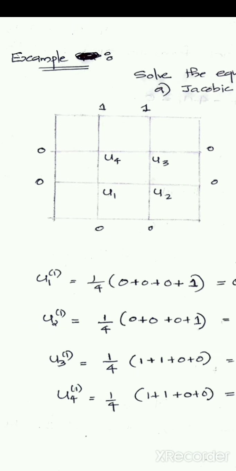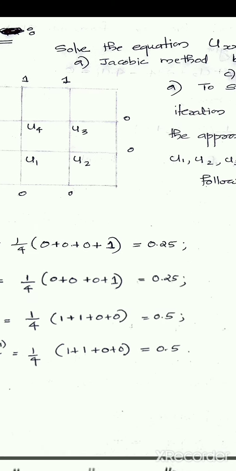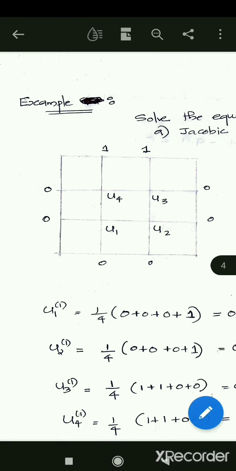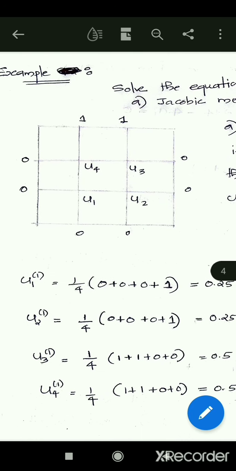Another example is to solve the Laplace equation by the Jacobi method and the Gauss-Seidel method. To start Jacobi's approximation method, the values of u1, u2, u3 and u4 are found by Jacobi's iteration method. That is, u1 is equal to 0 plus 0 plus 0 plus 1 by 4 times, and u2 is equal to 0 plus 0 plus 0 plus 1 by 4 times.